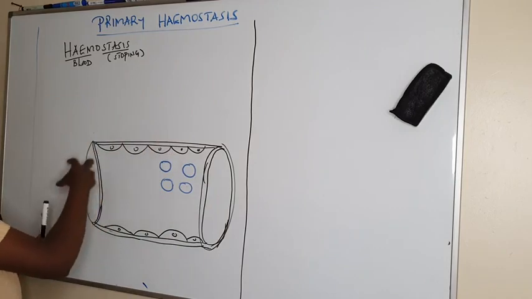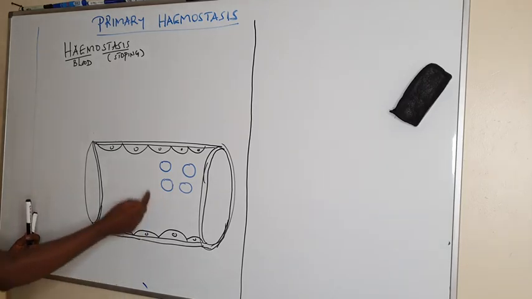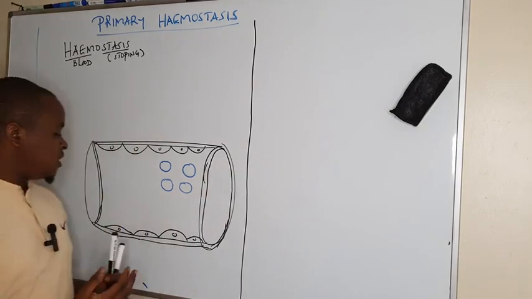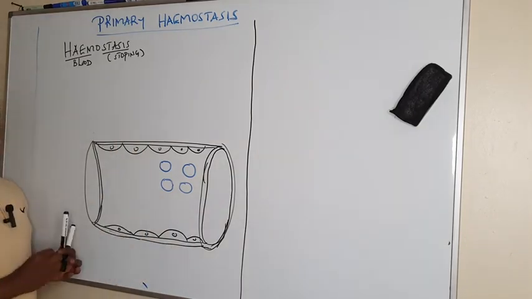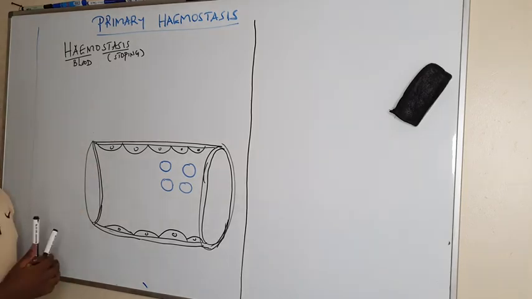So if this is the blood vessel and an injury occurs on the blood vessel, the process by which the blood is stopped from oozing out of the blood vessel, or what we call bleeding, is what we call hemostasis.